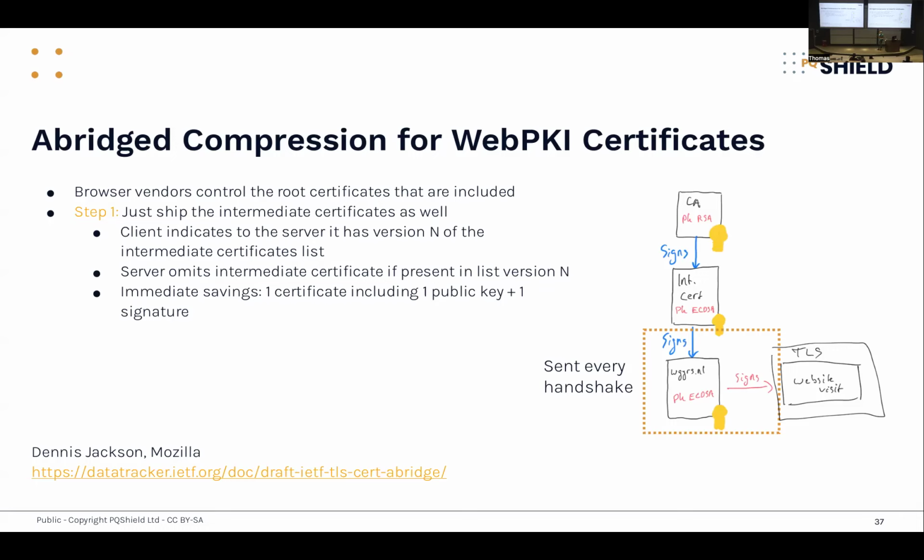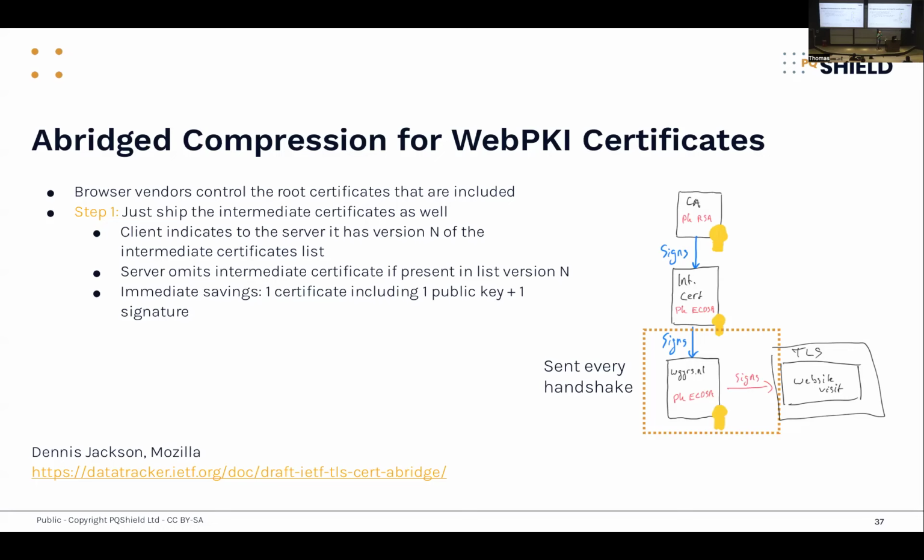This has been proposed a bunch of times. Usually people have complained about, yeah, but then you sort of need to indicate which intermediates you have. But the way that this draft works around that is that we sort of designate the 2024 list of intermediate certificates as this list. And then the client can indicate, I have list version 2024. And then the server can interactively decide, okay, you're up to date enough that I don't need to include this intermediate certificate.